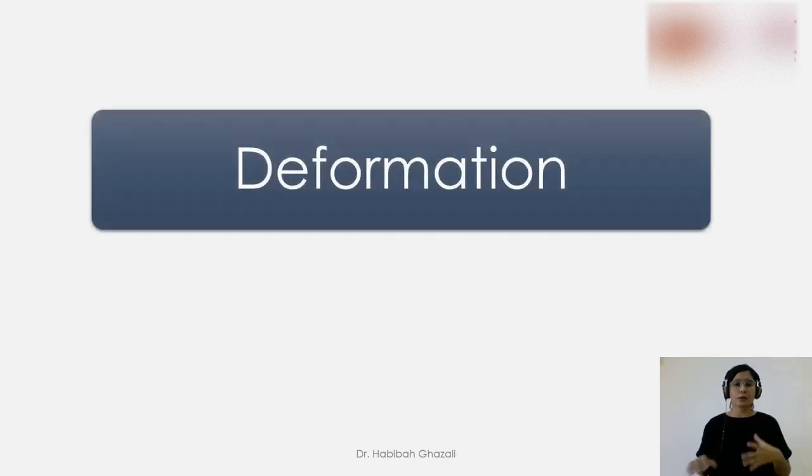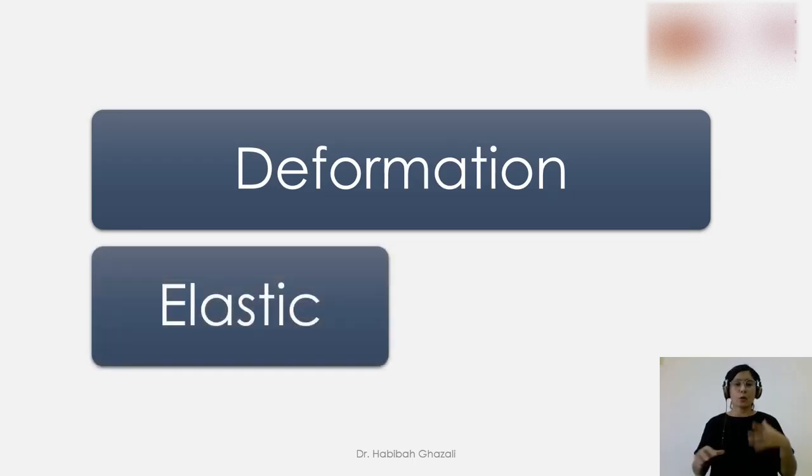Before we move further into what happens during deformation that gives metallic materials different levels of deformability, I would like to revise the two types of deformation you learned in mechanics of solids. Any material can deform elastically or plastically.